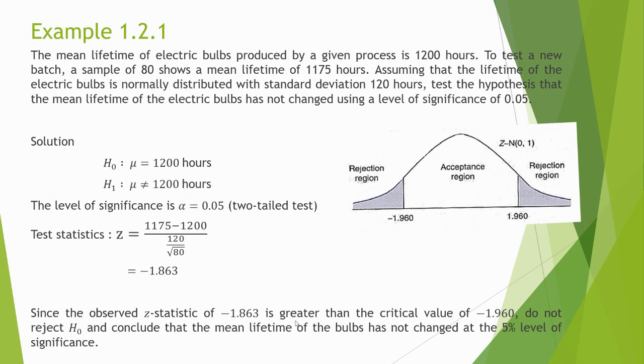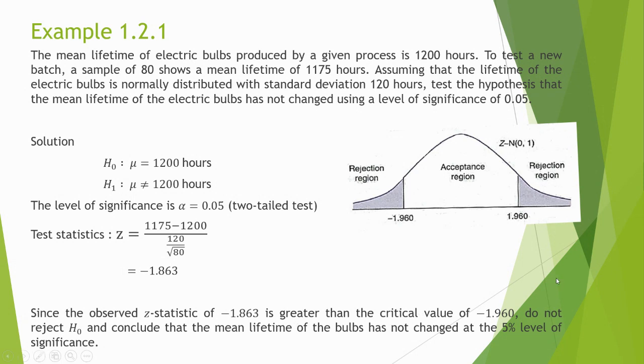Since they want to test a lifetime of 1175 hours, the H1 will be mu not equal to 1200, unless they say that they want to show a mean lifetime greater than or less than, in which case you use greater or less than. But they stated the value there, so you have to put not equal.